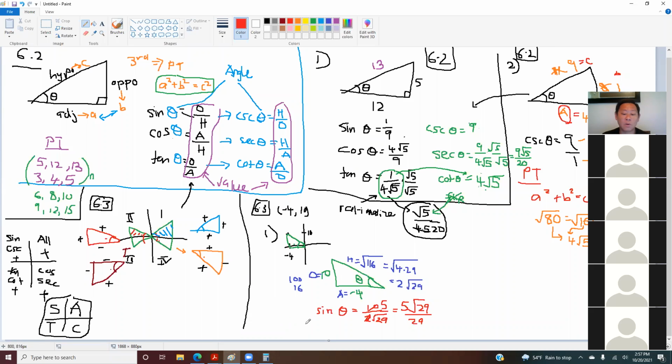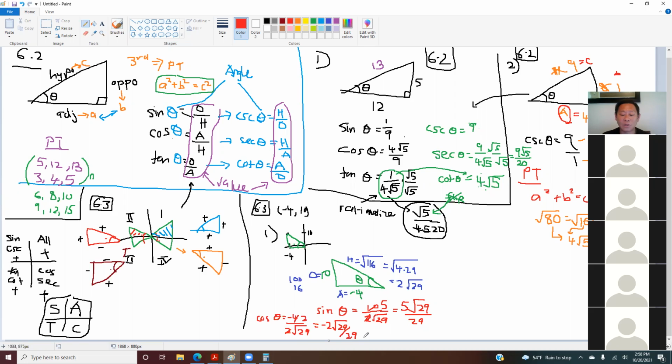Anyone know how to do the cosine theta in this case? -4 over 2 root 29. Again, we need to reduce this. This and this will cancel, become -2. So if you rationalize this, this is -2 root 29 over 29.